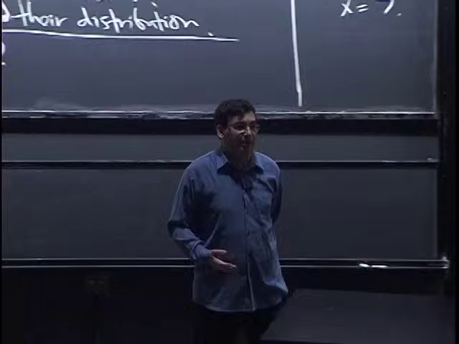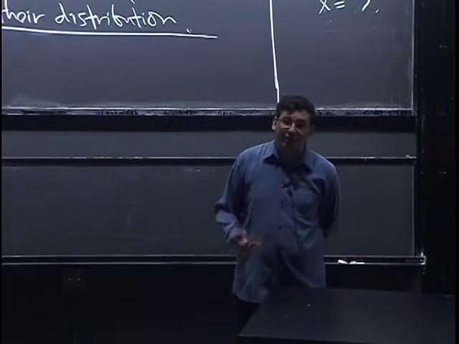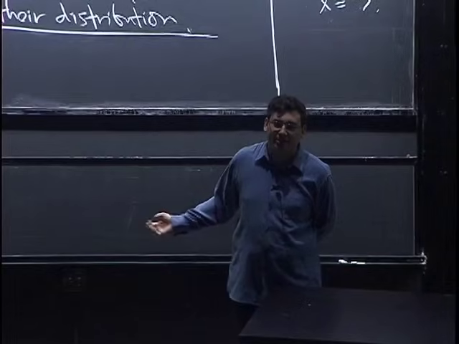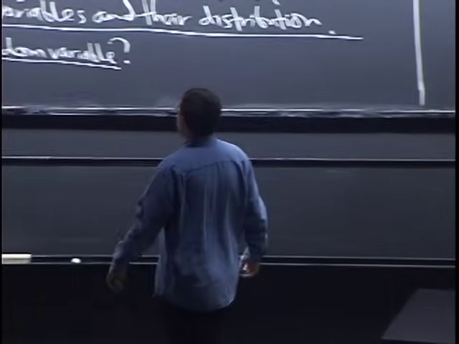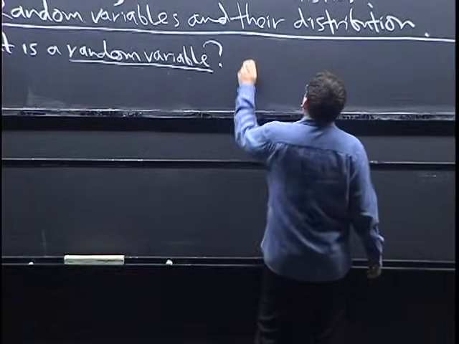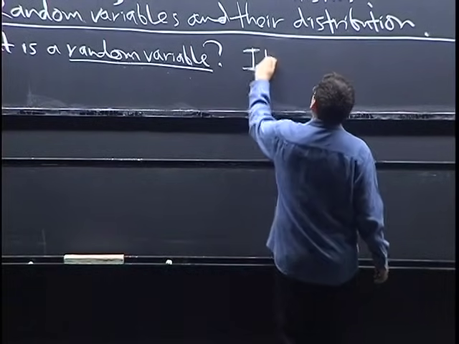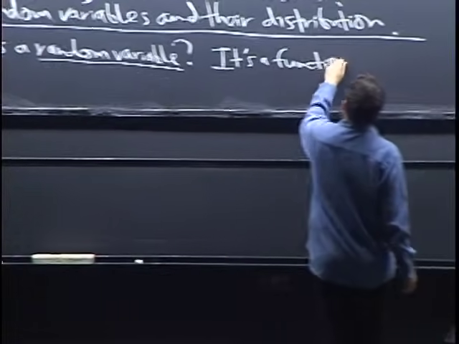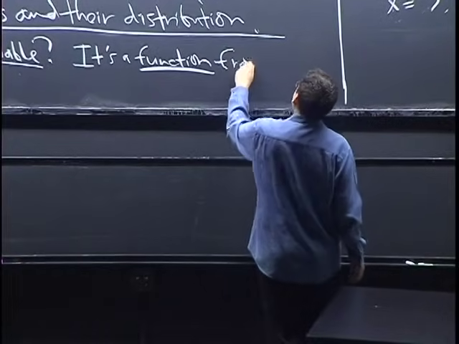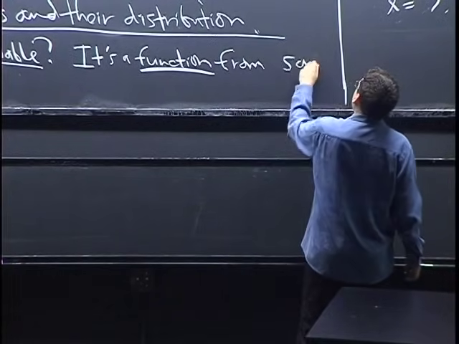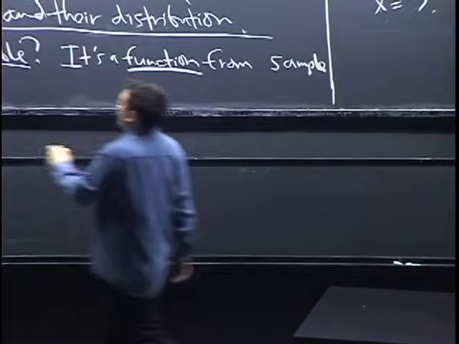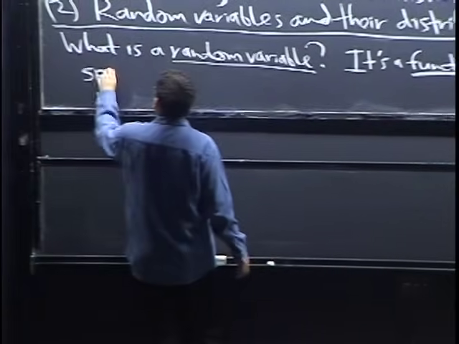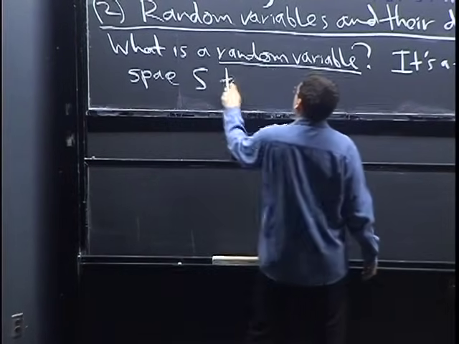Because we're going to define a random variable as a function, and functions are deterministic, and this is supposed to be random, so where does the randomness come from? So the definition is that it is a function from the sample space, which we've been calling S. That is, we have some random experiment, to the real line.